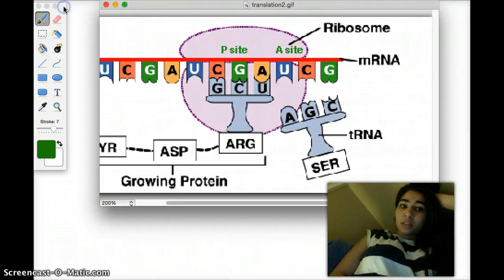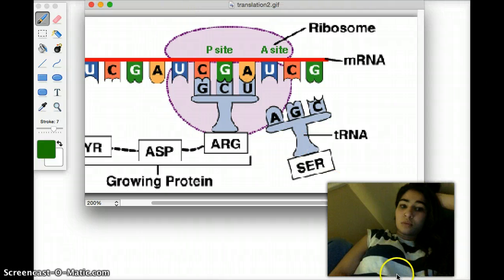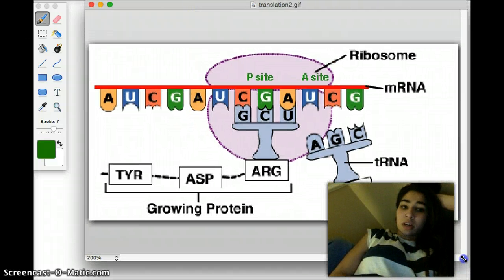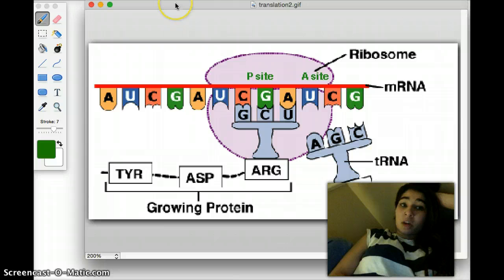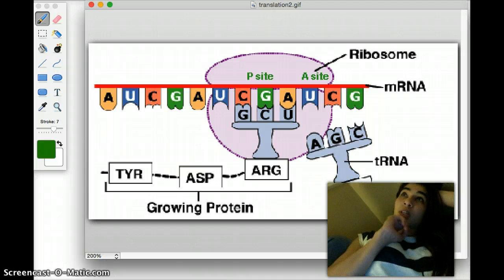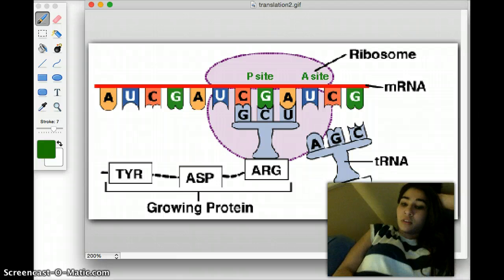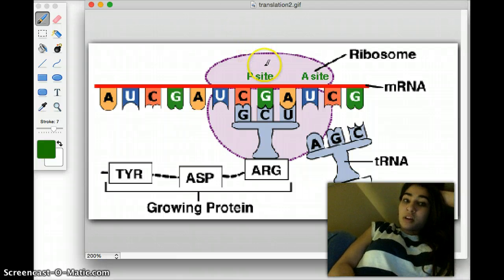And so in the cytoplasm, it goes to one of two places, either a free-floating ribosome, or a ribosome that's located on the rough endoplasmic reticulum, also abbreviated as rough ER.